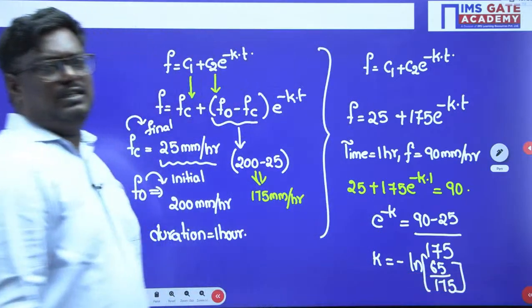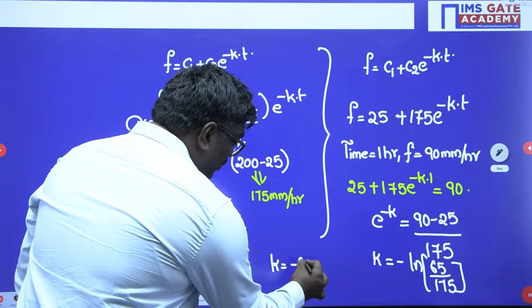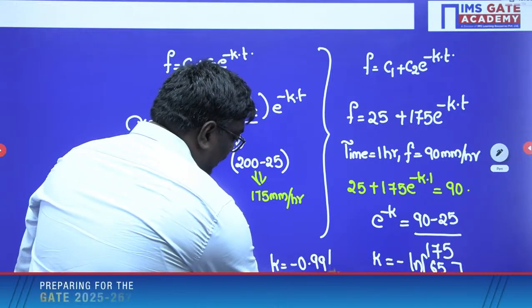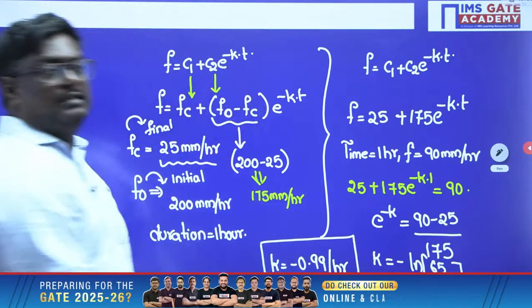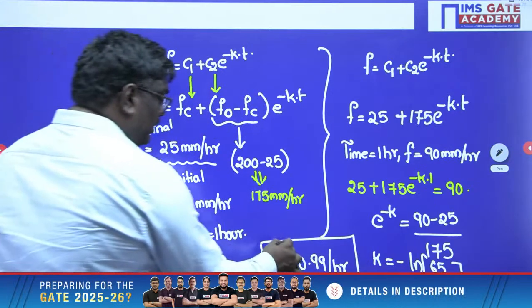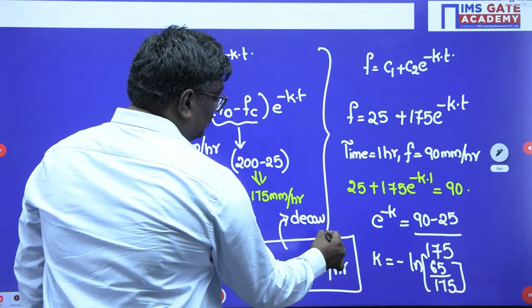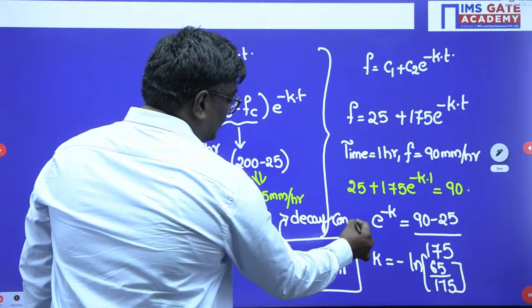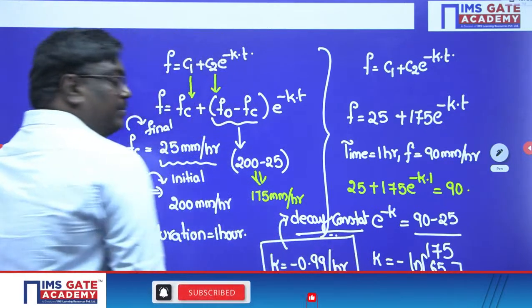So you will get a value of K is equal to minus 0.99 per hour. And remember what is K? This is the final answer, sir. We call it the decay constant. Okay, please write it down, students.